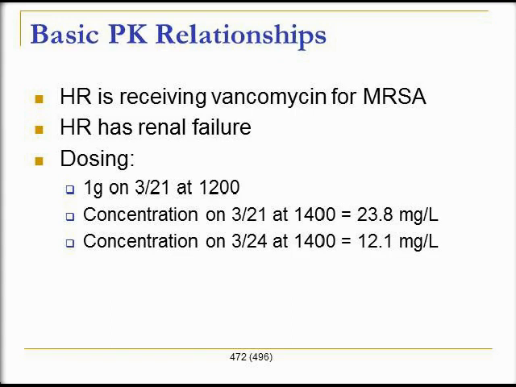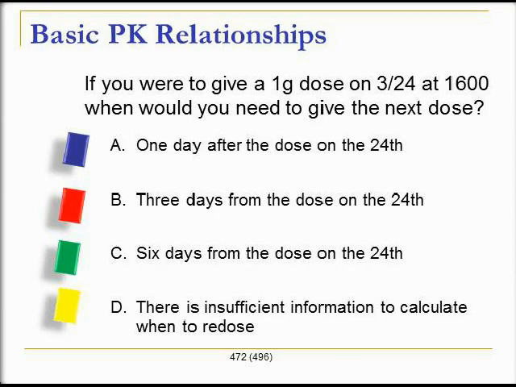So if you were to give a dose at 4 p.m. on March 24th, and your goal trough concentration was 10 to 15, and we can assume we're giving another 1 gram dose, which would represent the best time to give the next dose? So we're giving a 1 gram dose on March 24th at 1600, and when would you need to give the next dose?